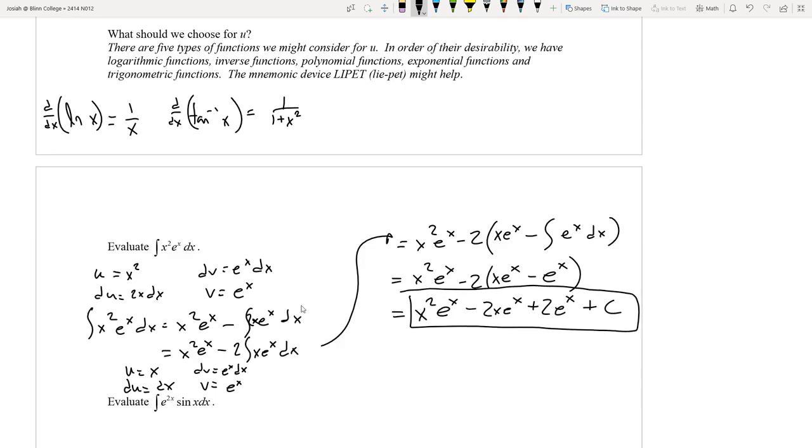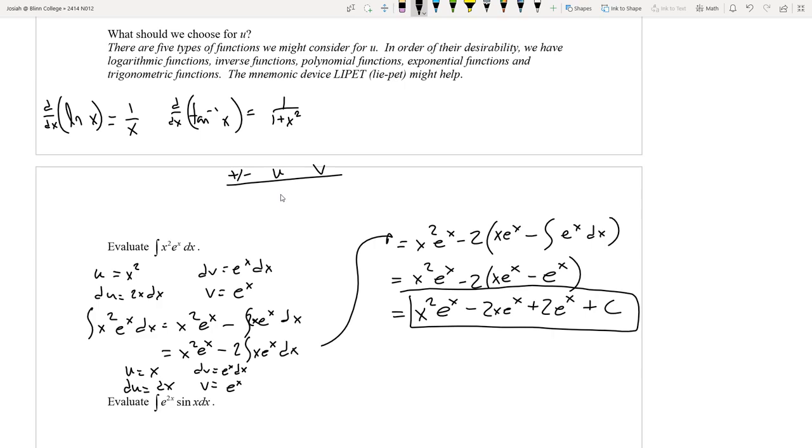So we can end up nesting these different integration by parts. And when that kind of thing happens, what sometimes is helpful is there's a little table you can use. And this is really helpful when there's a long list of these guys.